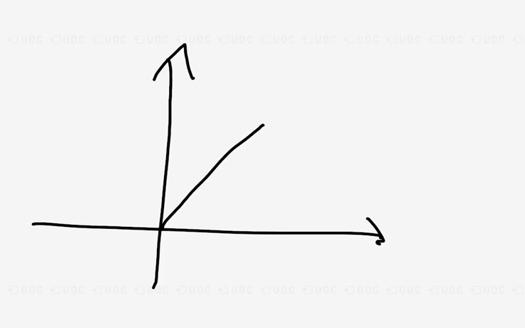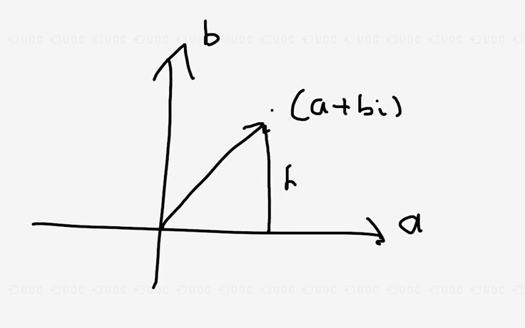Imagine this is an Argand diagram, and I have this complex number a+bi, with my b component and my a component, imaginary and real. For polar coordinates, I can write this in terms of theta and r.